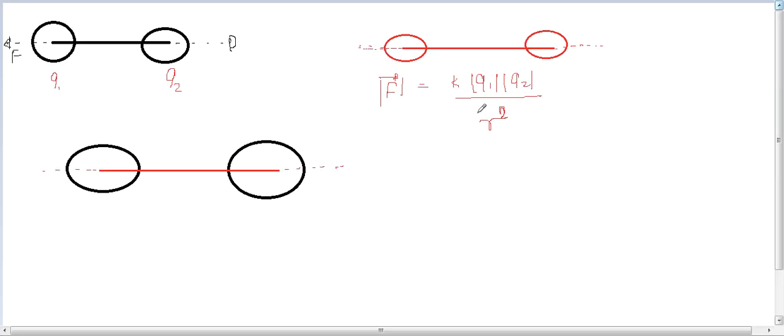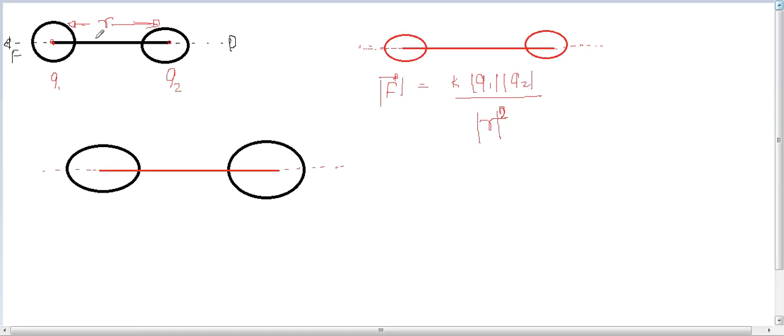What is r here? r is the separation between the centers of these two point charges.